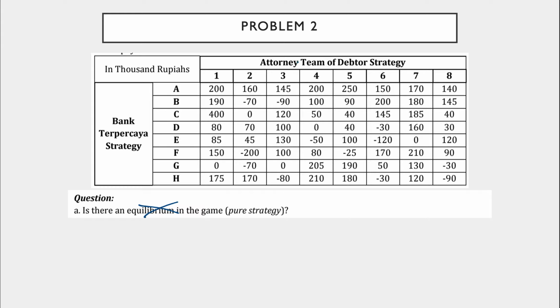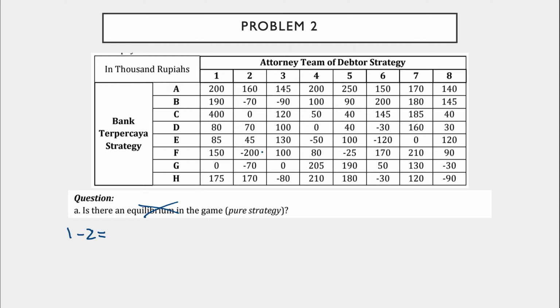First, I will look at the Attorney Team. For strategy 1 and 2, when I compare them, 200 is bigger than this one, 190 is bigger, 400 is bigger, 80 is bigger, 85 is bigger, 150 is bigger, 0 is still bigger because it's minus, and 175 is still bigger than 170.